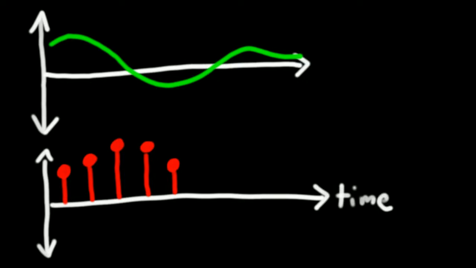And I will sometimes draw these digital signals as a series of dots. I'll usually skip the stems, although they're traditional, just because they take more time to draw. In fact, I'll often draw individual samples, or individual values of the signal, as an X instead of a dot, just because it's a little faster.